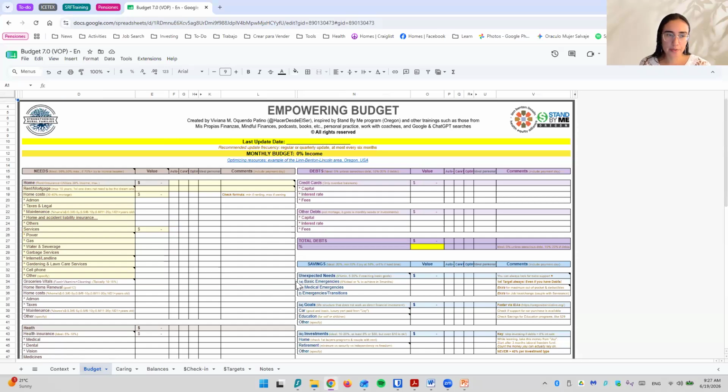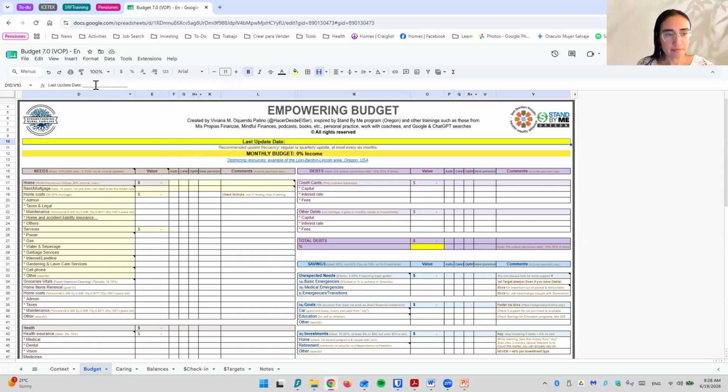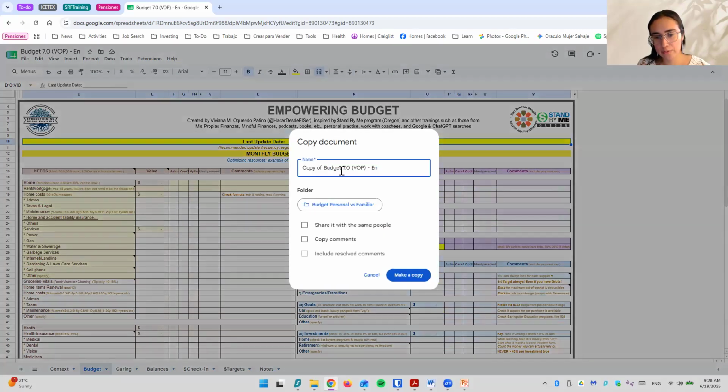If you are working in paper, you don't need to be concerned about this because you are seeing this in this recording. So if you need the categories, you can just come to this recording, and that is fine. If it's the first time that you are seeing this template, remember, just go to File, make a copy, and then you create your own name for your copy.